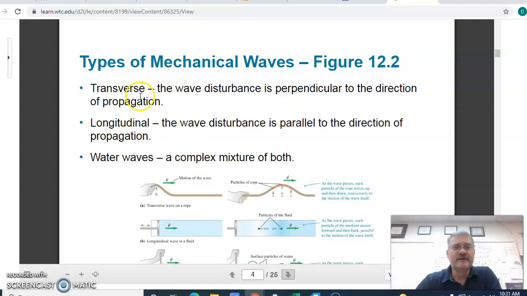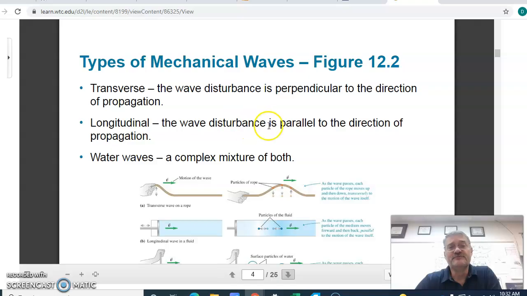So in that kind of wave, following the cursor, it's going to make a sine wave or a cosine wave, and the energy is going vertically while the direction of the wave is going forward, and that's that perpendicular propagation. The longitudinal wave is like a sound wave. By the way, a transverse wave would be like any of the electromagnetic waves.